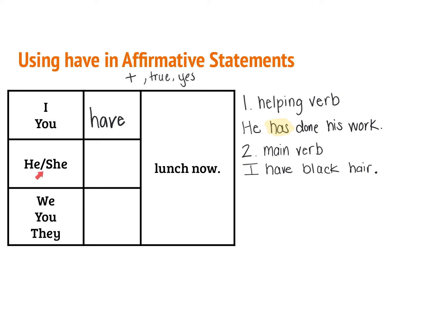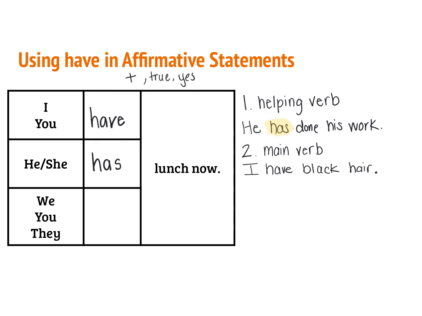Let's look at our next two pronouns, he or she. When you use the pronouns he or she, you're going to use has. This is just another way to say have. He has lunch now. She has lunch now.